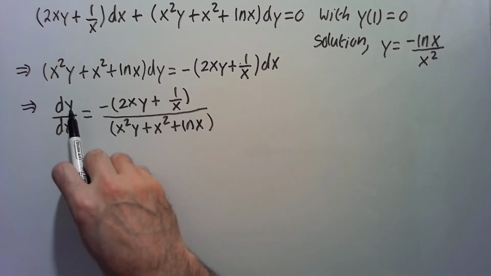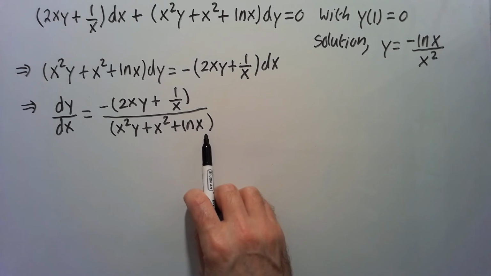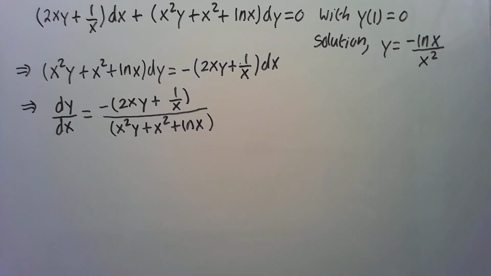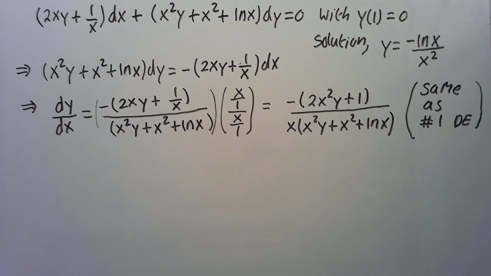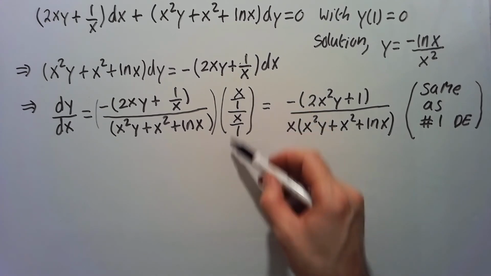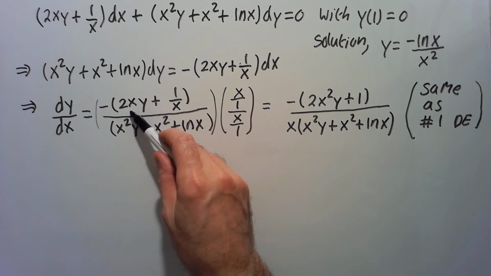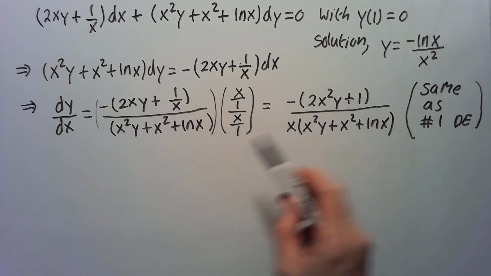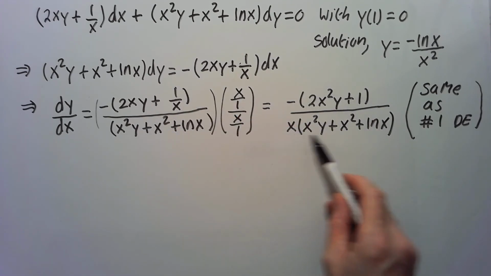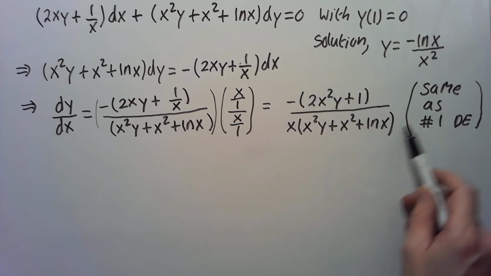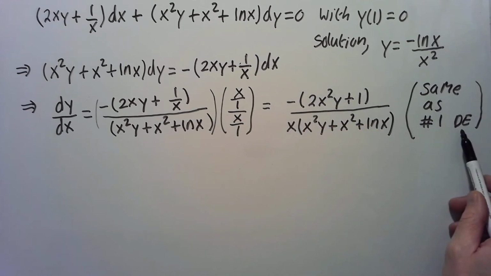So solving for dy over dx, and this looks almost like question 1. To make it look exactly like it, let's multiply top and bottom by x. So multiplying top and bottom by x, it'll be x times 2xy be 2x squared y, x times that will become 1, and put the x on the side here. Now this is the same differential equation as question number 1.